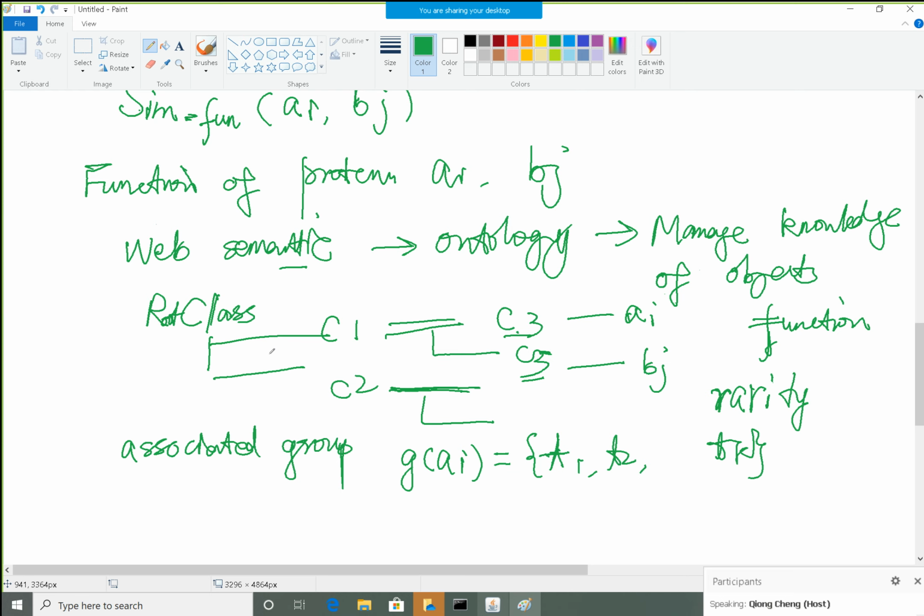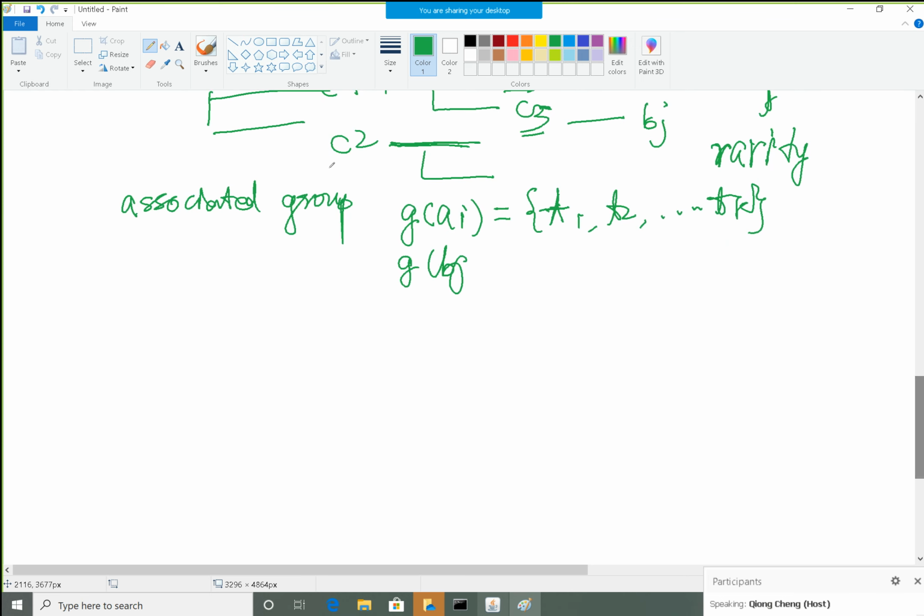And the group of GBJ is equal to T1 prime, T2 prime, and TL prime, right? Because they are in different groups, they may stay in the same group, or may not. It really depends. To make it as general as possible, we write it this way.